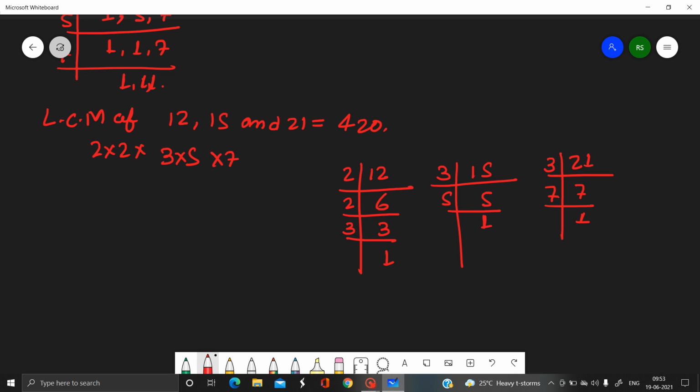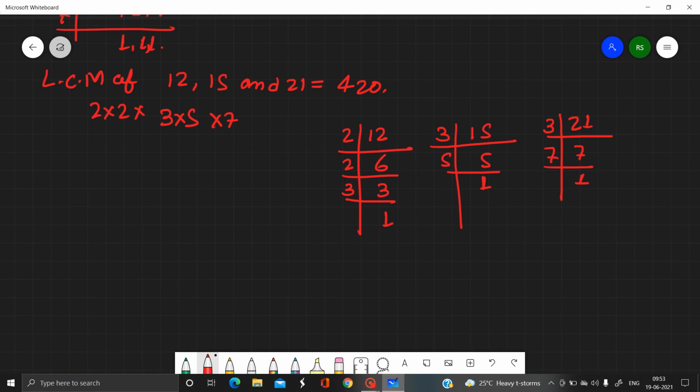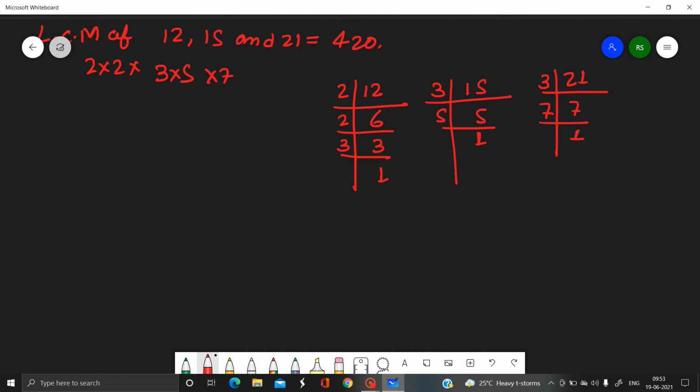So the HCF of these numbers. First of all, we have to see here the prime factorization of 12 is 2 into 2 into 3, the prime factorization of 15 is 3 into 5, and the prime factorization of 21 is 3 into 7. So you can see what is the highest common factor in these three numbers.